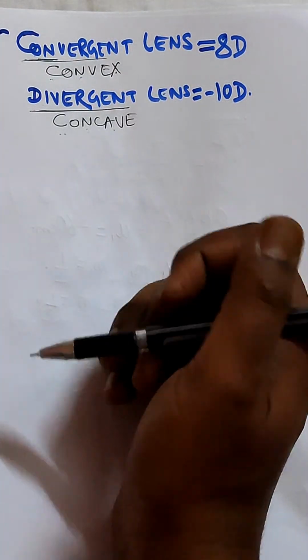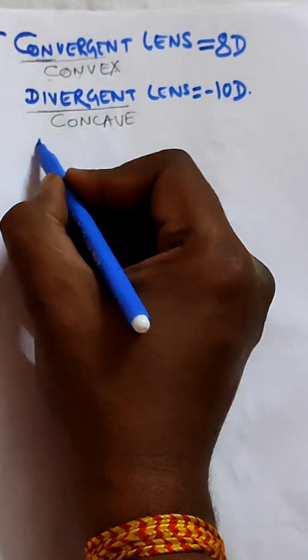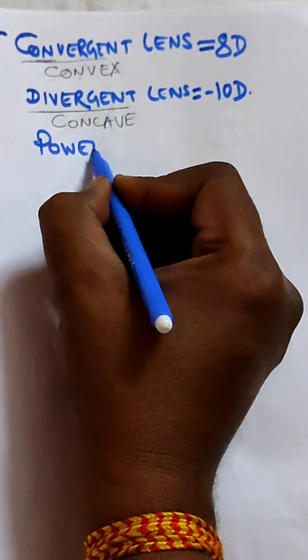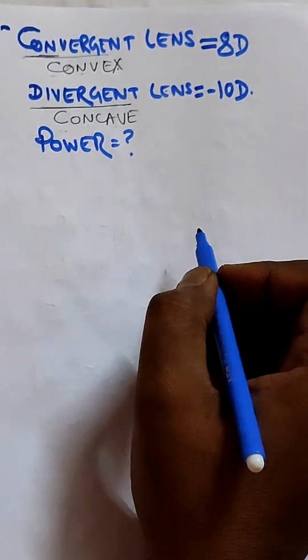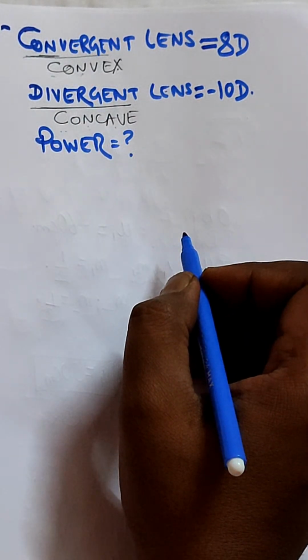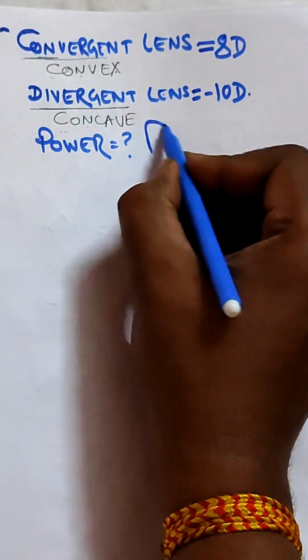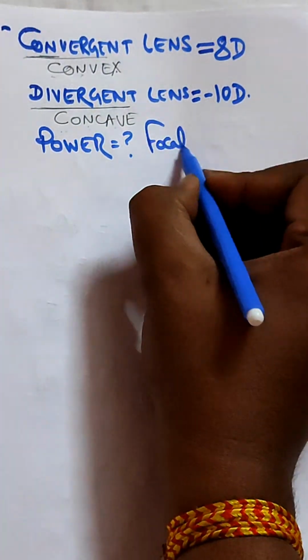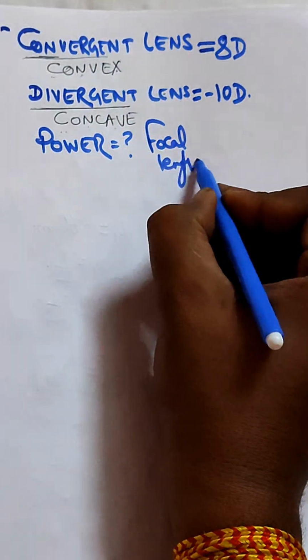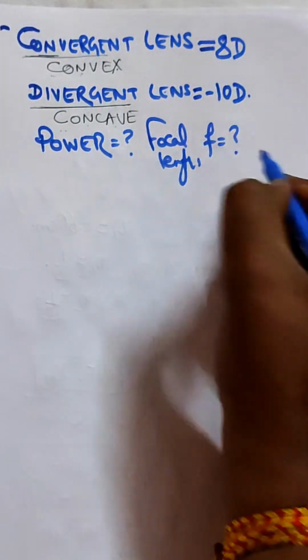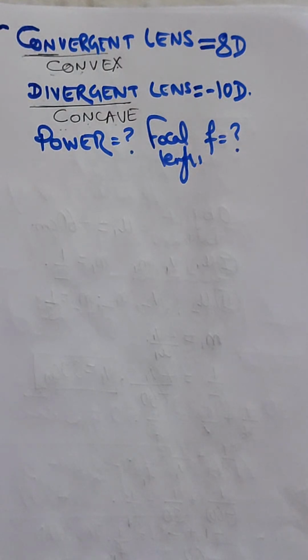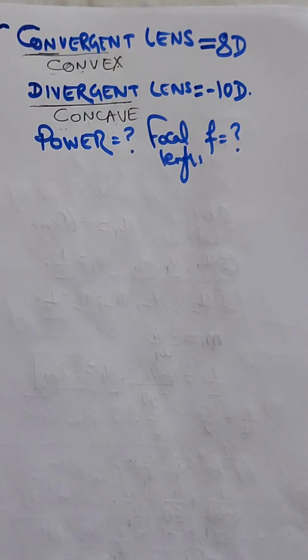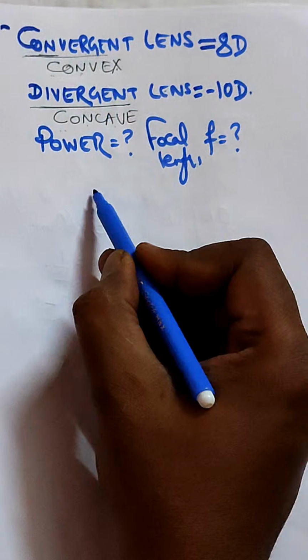Now we need to find the power of this combination, and the focal length of this combination. F equal to what? That needs to be calculated, right? So this is a combination of lenses. Here it will be like this, a convex lens. Let's draw it.